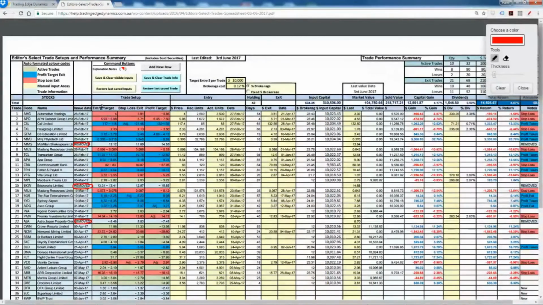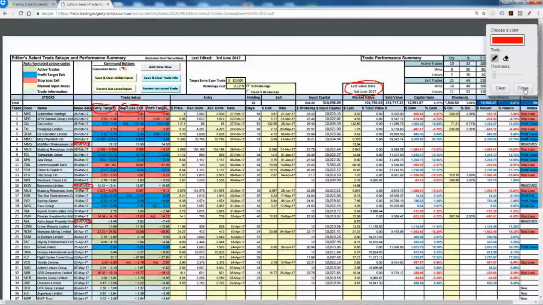We have the entry target, stop loss, exit, and profit target for each one before we enter the trades. In this exercise, we allocate $10,000 per trade, last reviewed on the 3rd of June. We look at the price and the gains. If we had any dividends, we add the dividends to give us the full return.